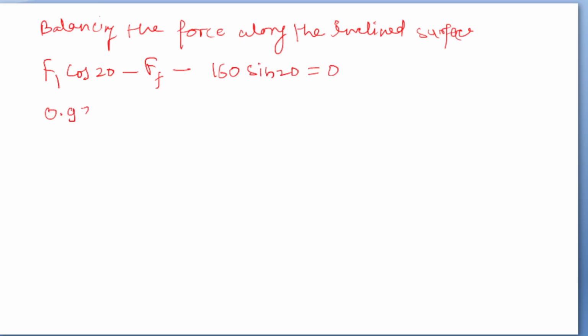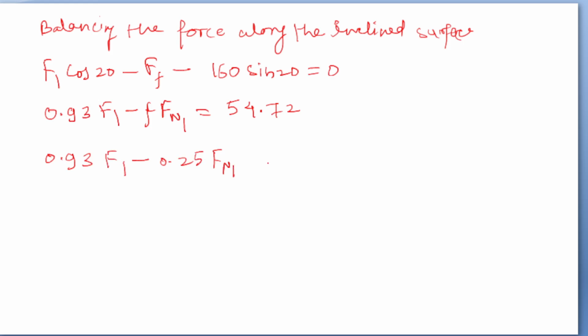So 0.93 F1, minus friction coefficient into normal force, 0.25 Fn1, is equal to 54.72. So 0.923 F1 minus 0.25 Fn1 is equal to 54.72. This is equation number 1.